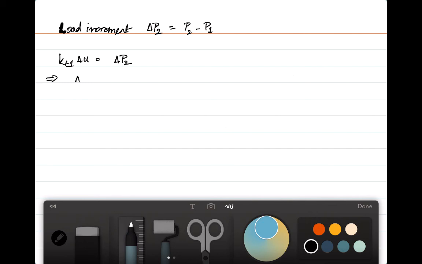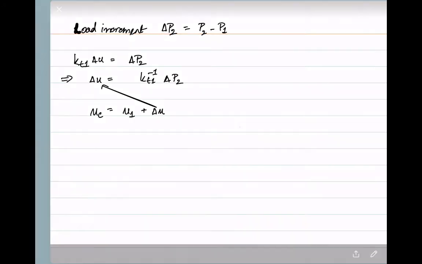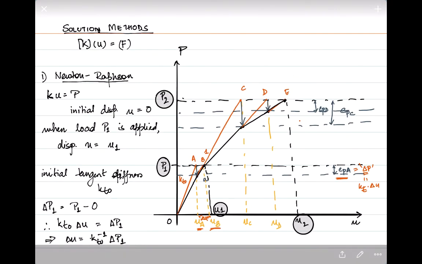We can easily find delta U to be equal to KT inverse times delta P2. And we end up getting a new displacement UC, which is given as U1 plus this delta U, which was calculated here. And that is exactly what we showed in the curve.